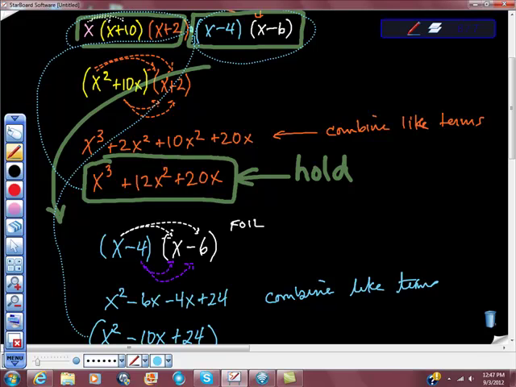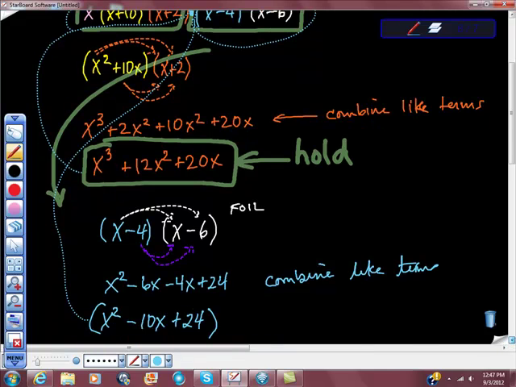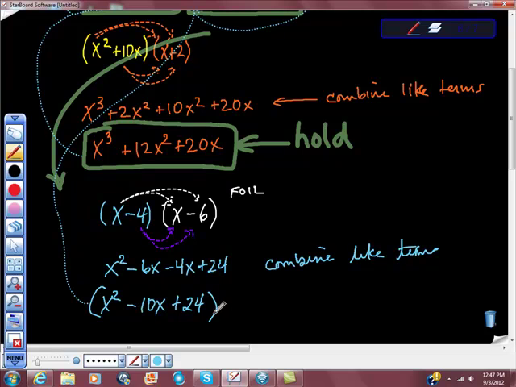Remember, I put this multiplication sign in the middle, and I said we're going to come back to that. Well, now I'm going to actually use that. And I'm going to multiply this piece times this one. So that multiplication sign that we put at the very top earlier is this one right here. And now I'm going to multiply that by this piece. So x cubed plus 12x squared plus 20x.